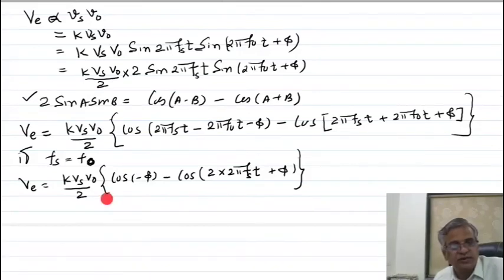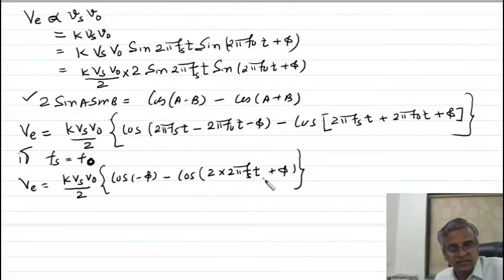The output of the phase detector has two terms. One is a constant term, the second is an AC term having double the frequency, or a higher frequency, 2 times that of the input signal.